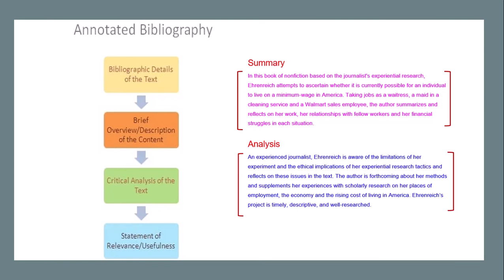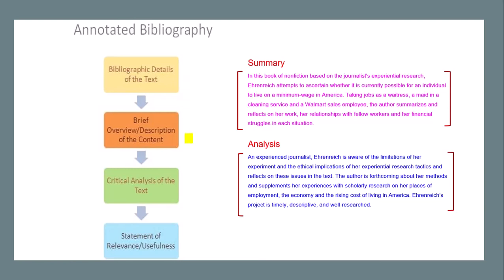All right, so to recap, an annotated bibliography has a couple different parts. First, it has that citation, the bibliographic details of the text: who wrote it, where it was published, what the title is, what the date is, all of that.